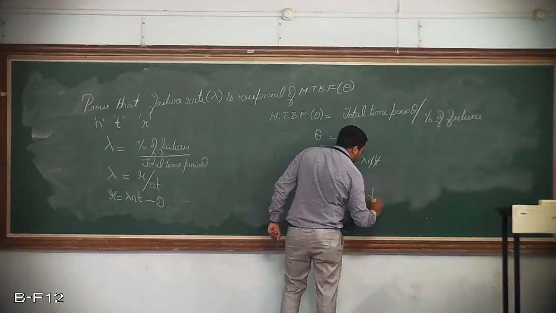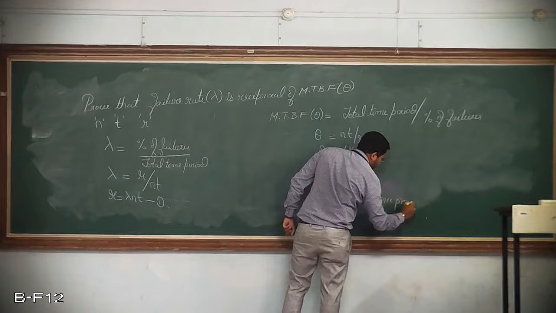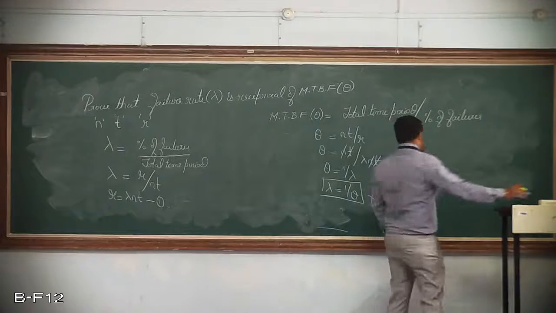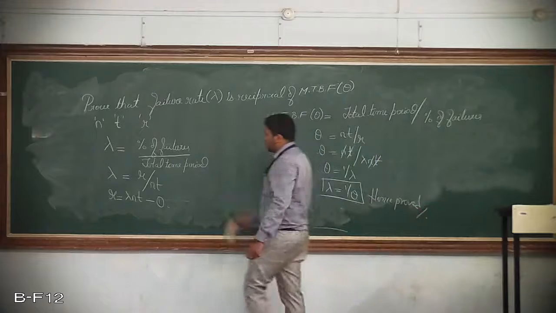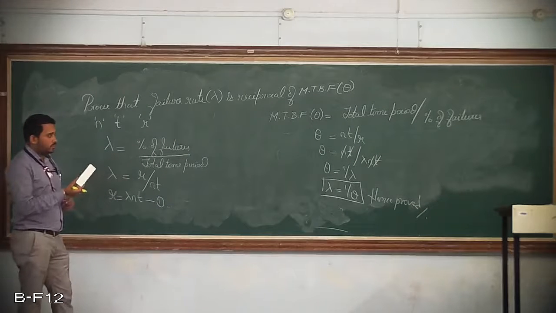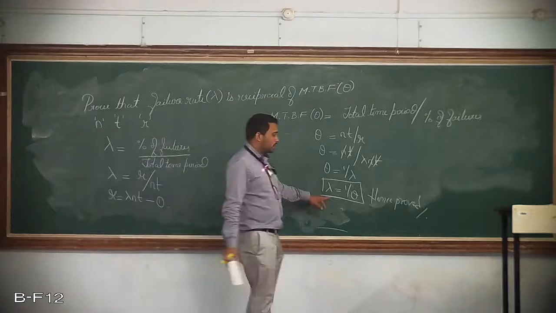And hence proved. It is one of the simplest expressions. Just substitute the value of lambda and mean time between failure with respect to the definition, and then substitute the value of r over here, we'll get this.